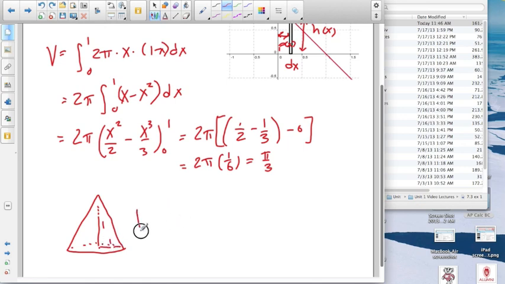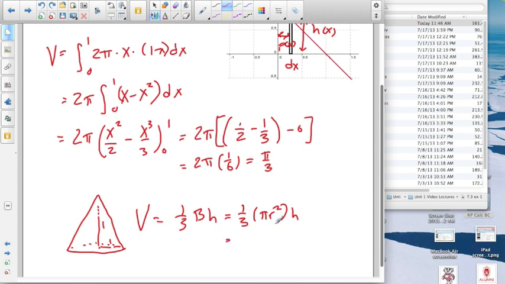And if you remember the volume equation from geometry, the volume of a cone is 1/3 the area of the base times the altitude. And of course the area of the base, being a circle, is pi radius squared times the altitude.